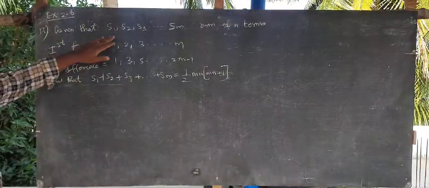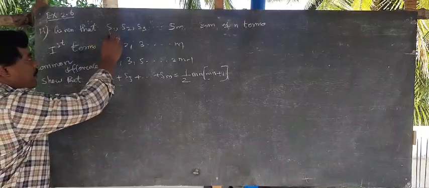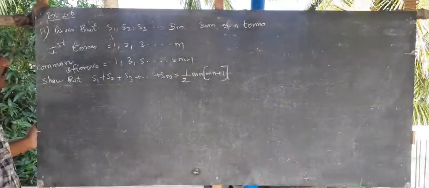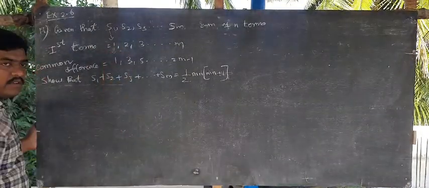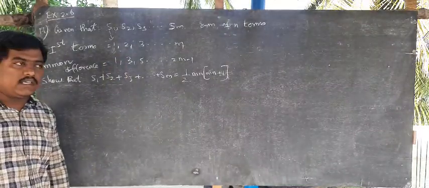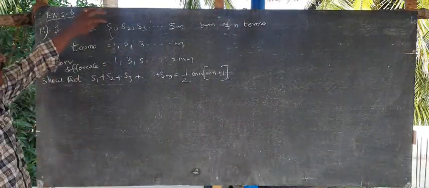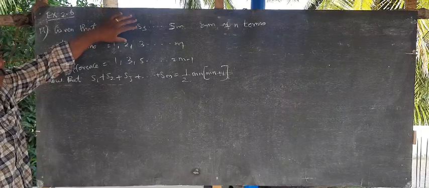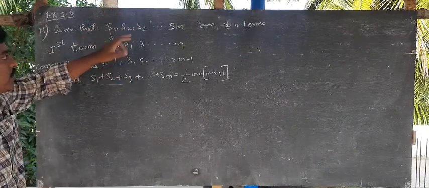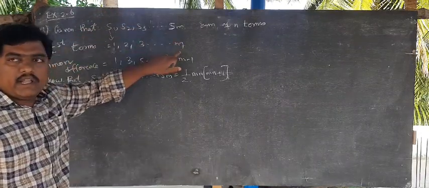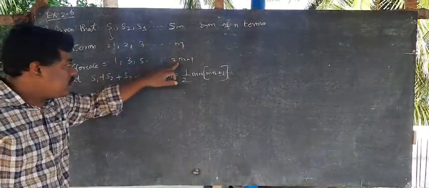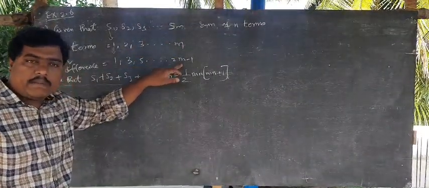So, by the question for S1 the first term will be 1, common difference 1. For each series they are given in the question itself. Suppose you are taking S2, the first term will be 2, common difference 3. For Sm the first term will be M, and the common difference will be 2M minus 1.